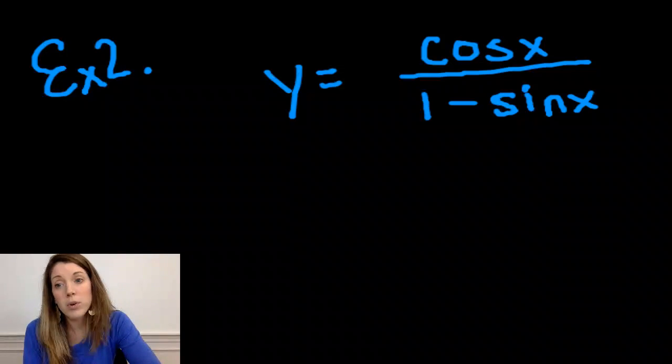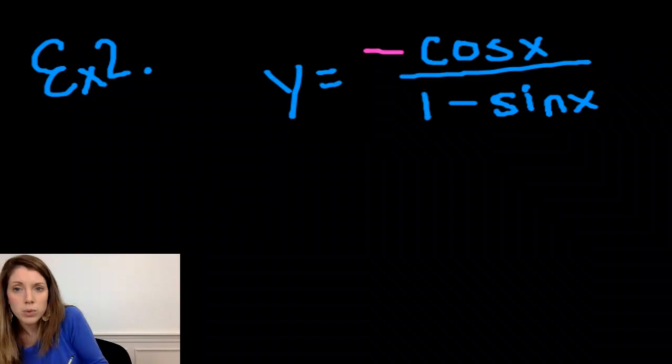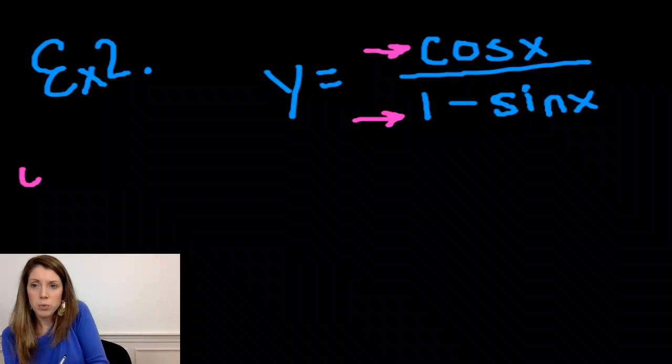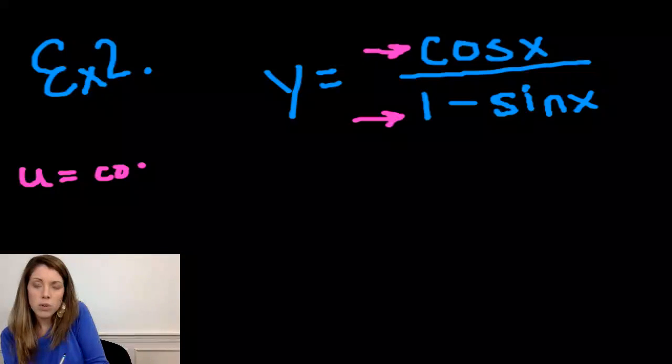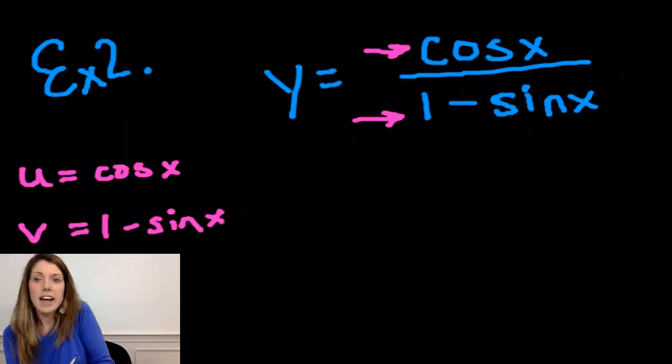And we'll see here, we're dividing. So this is going to be a place where we want to use the quotient rule. On the top is our u, and on the bottom is our v. So we'll say u equals cosine of x, v equals 1 minus sine of x, and then we find our u prime and our v prime.